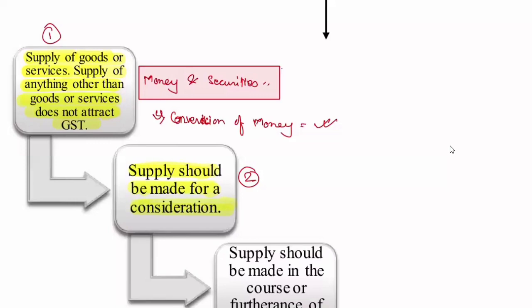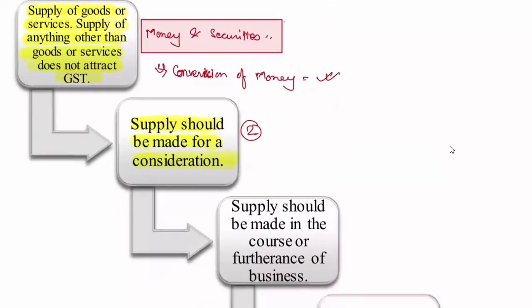That means something provided for free is definitely not a supply. First, GST attracts only on supply of goods and services, and money and securities are excluded. And supply should be for a consideration.